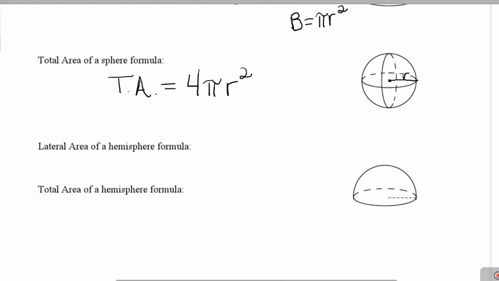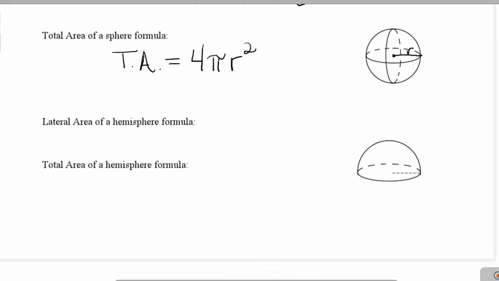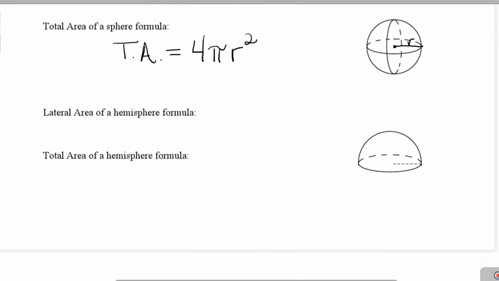Now, if we think about a hemisphere, what is a hemisphere? It's half of a sphere. And a hemisphere has a lateral surface area and a total surface area because it does contain one base. So to calculate the lateral surface area of a hemisphere, since it is half of a sphere, it's going to be half of the sphere formula. So 2 times pi times the radius squared.